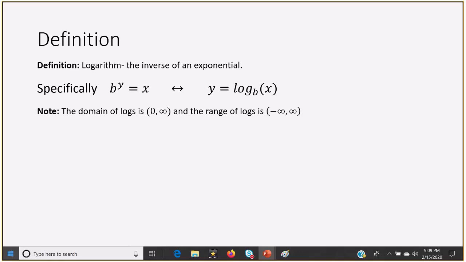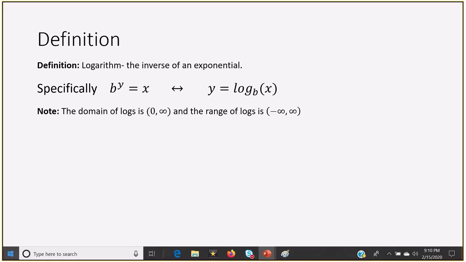The domain of logs is 0 to infinity, and the range of logs is negative infinity to infinity. And if you're really good at putting pieces of the puzzle together, you might notice that logs and exponentials are inverses of each other, so the domain and the range of a log and an exponential are flipped. So that's kind of where those come from.